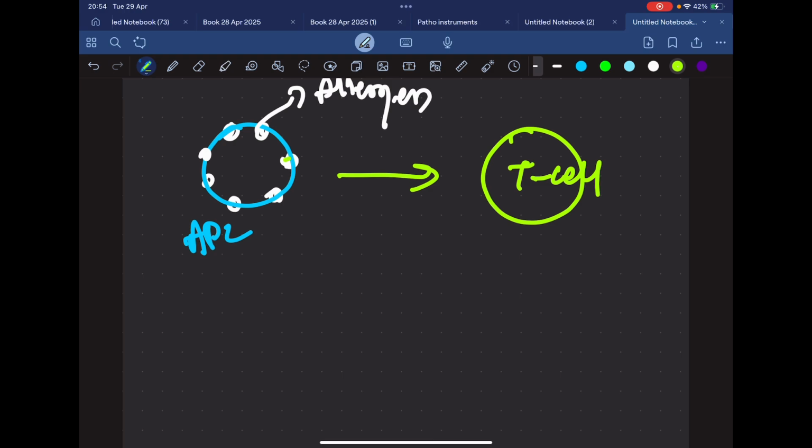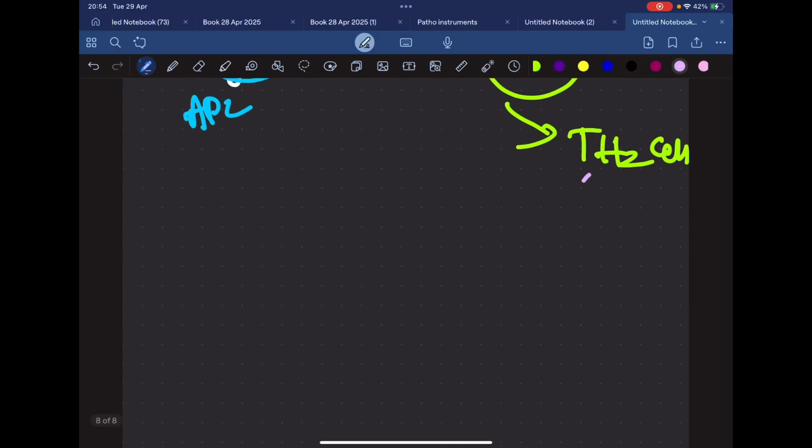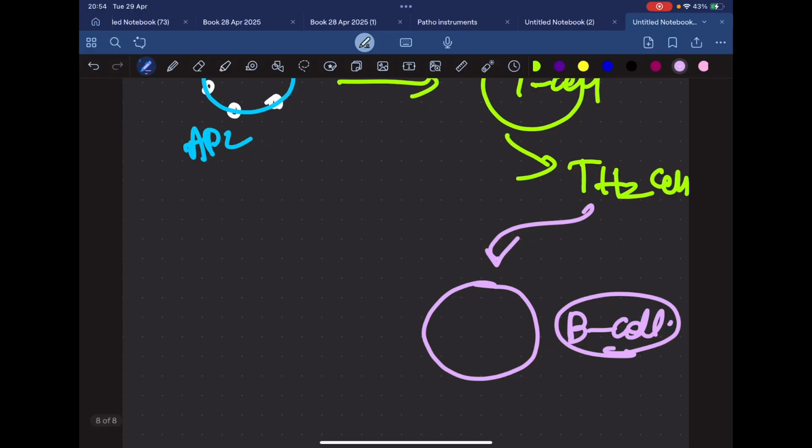The T cell then differentiates into a T helper 2 cell, Th2 cell. The Th2 cell in turn activates the B cell, the B lymphocyte, by secreting interleukin 4.